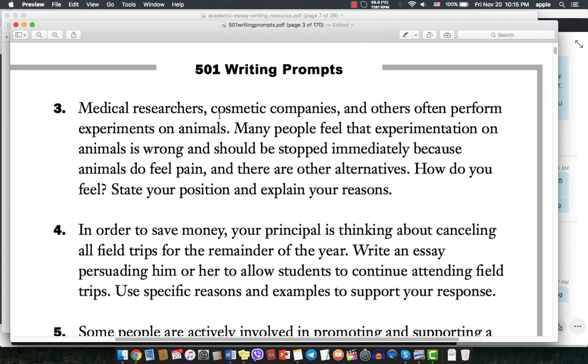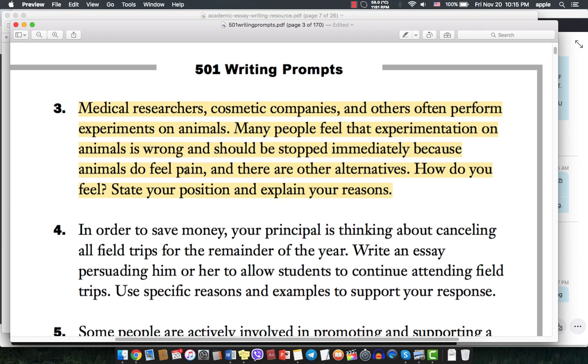I'll ask you the question again. Medical researchers and cosmetic companies and others often perform experiments on animals. Are we clear? Many people feel that experimentation on animals is wrong and should be stopped immediately because animals do feel pain and there are other alternatives.